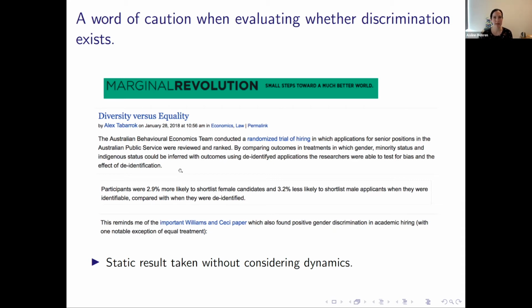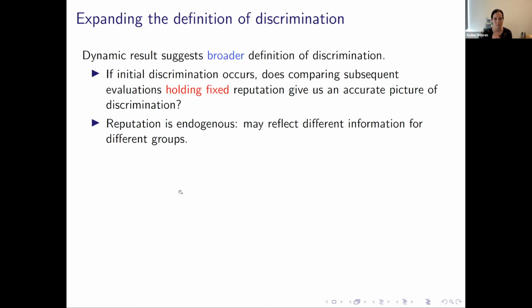And if we compared males and females generating the same pattern of posts, actually we would in general still see the discrimination against the females. And so just focusing on direct discrimination here is actually missing an important component of total discrimination, what we're going to call total discrimination. So that segues to the next thing I wanted to talk about, but before we get there, I think there's one more question from the chat.